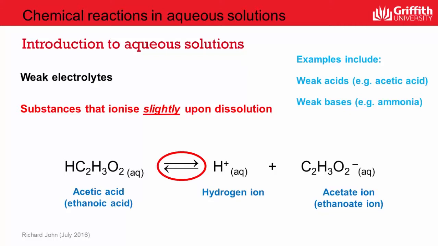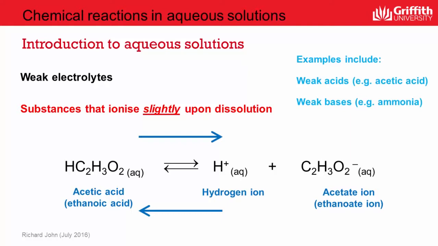What that actually means is that this process is significant in both directions. As the acetic acid molecule is dissociating to form the hydrogen ion and the acetate ion, at the same time the acetate ion and the hydrogen ion are recombining to form the acetic acid molecule. So you've got a process here that's appreciable in both directions.